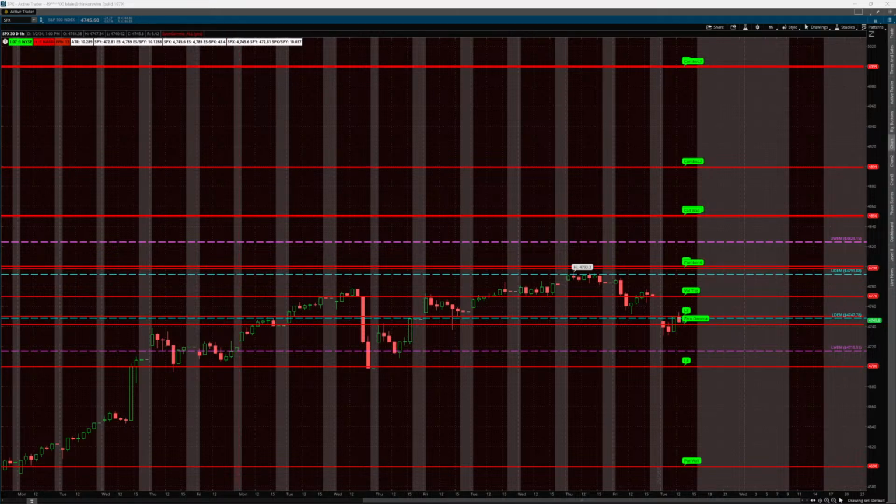Do you import these lines from Spotgamma? Yes. Spotgamma has a ThinkScript, so they provide these levels for a variety of trading platforms. This is Thinkorswim, and it does require some manual intervention. It takes about a minute, and this one script provides the Spotgamma levels for SPX, NDX.